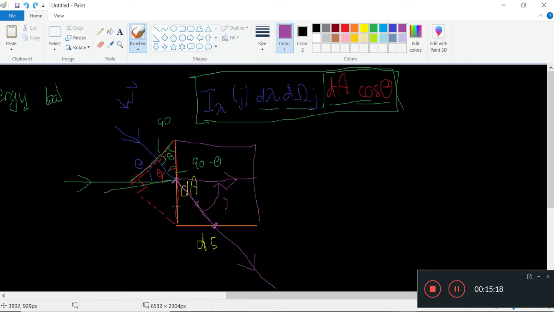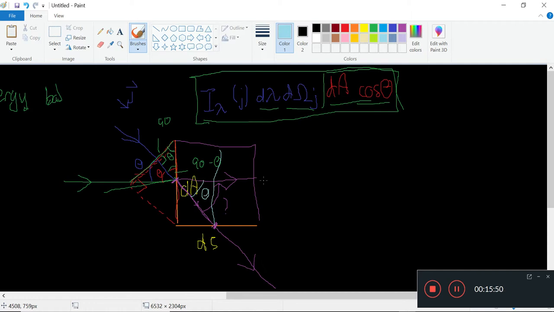We need to consider the angle of incidence again. So this is theta here, and we want to find this little length. It does not quite travel the full distance.